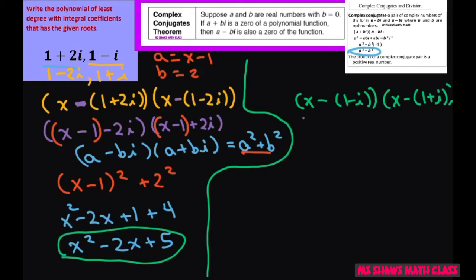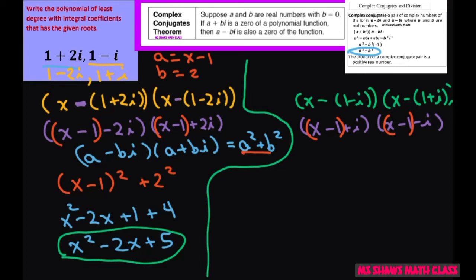Get rid of the parentheses first. We're going to distribute the negative: x minus 1 plus i times x minus 1 minus i. I'm moving these parentheses around, and I have the same situation.